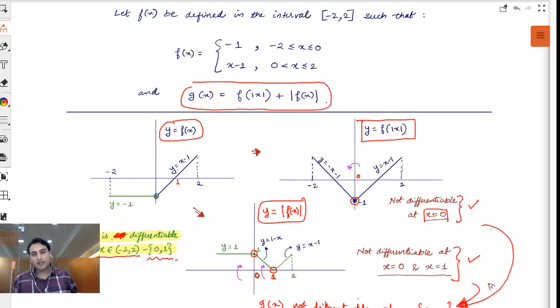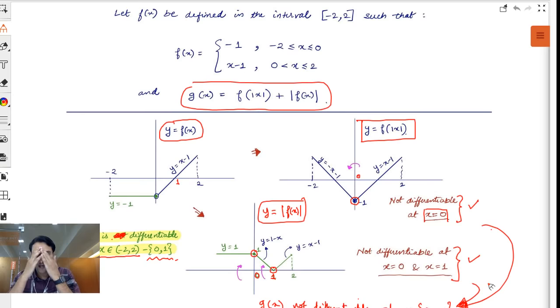But again, I want to re-emphasize all these concepts again and again, guys. Trust me, the problems of IIT are always designed not to check your formula remembrance skills, but to check your application skills and your ability to visualize. So I always emphasize the importance of graphs and how to apply graphs in problems.